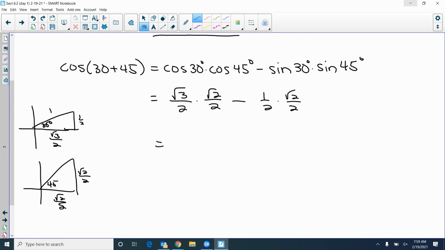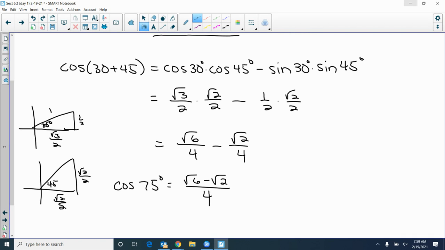Well, square root of 3 times square root of 2. Remember your square root rules. You multiply the insides together. So it's square root of 6 over 4 minus square root of 2 over 4. So that tells me the cosine of 75 degrees is square root of 6 minus square root of 2, all over 4. And that's the best way I can write it.